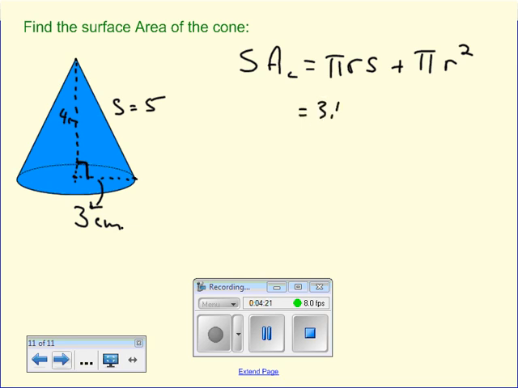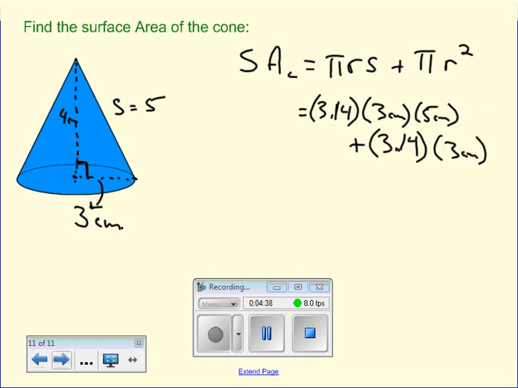Pi is 3.14 generally. R in this case is 3 centimeters. S is 5 centimeters. Plus pi, again 3.14, and 3 centimeters squared.